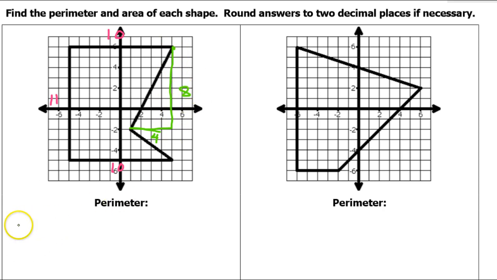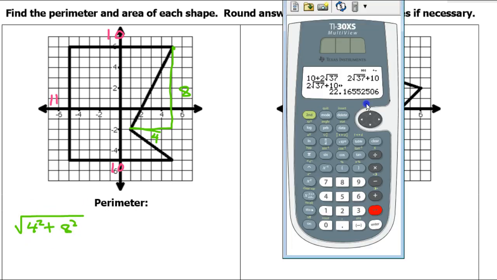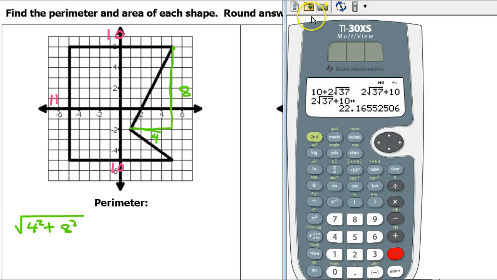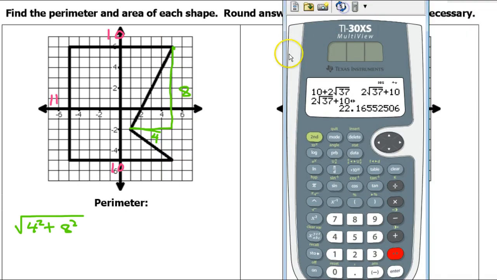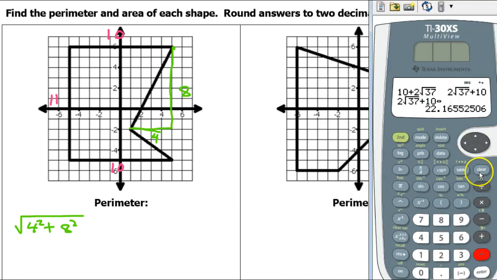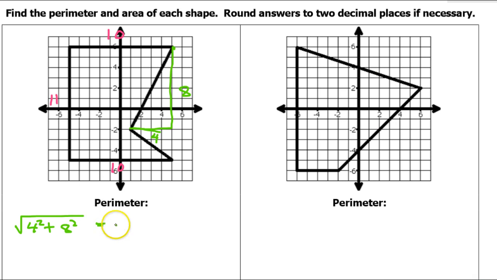So the Pythagorean theorem for that segment would look like this: the square root of 4 squared plus 8 squared. All right, that is 80. So that length is the square root of 80. I just found that this segment has length square root of 80, so I'll add that to my picture.